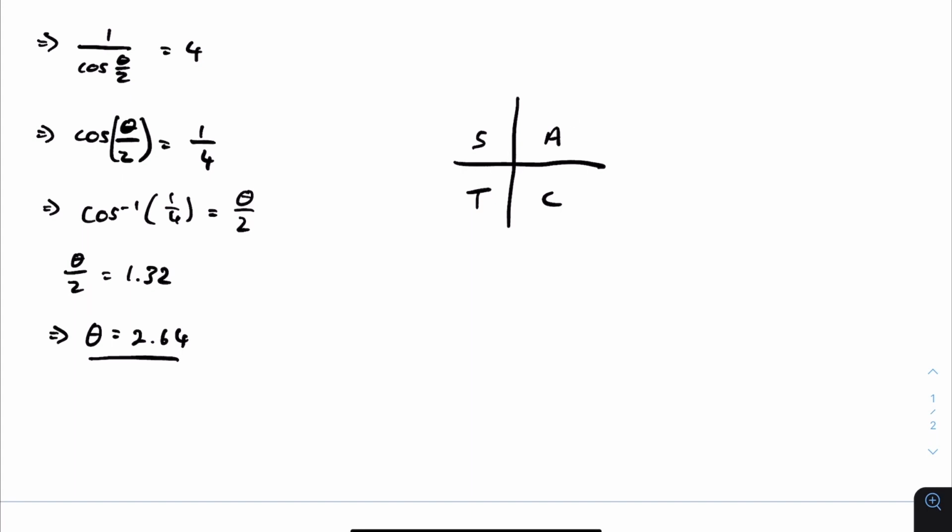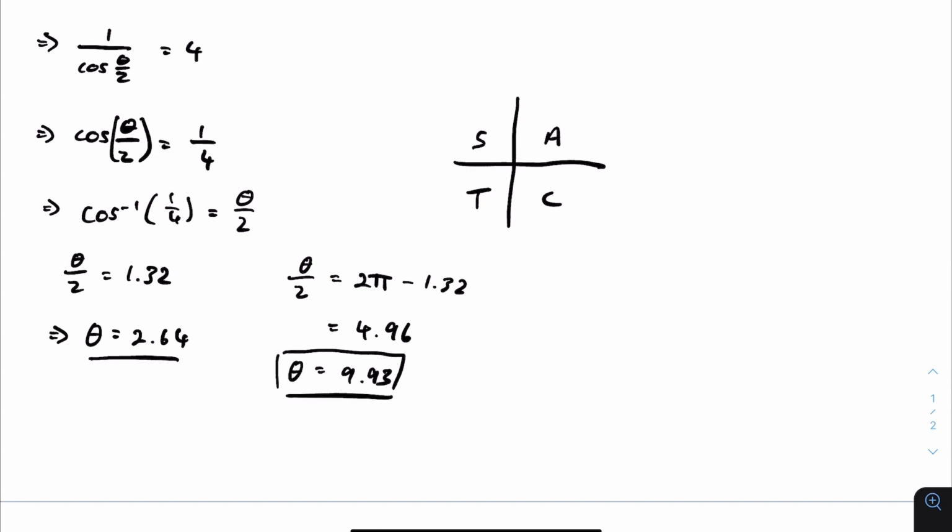Now, if we subtract 1.32 from 2 pi, we'll get the one in the fourth quadrant here. So theta over 2 is also equal to 2 pi minus 1.32, which is equal to 4.96. So theta is equal to 4.96 times 2, which is equal to 9.93.